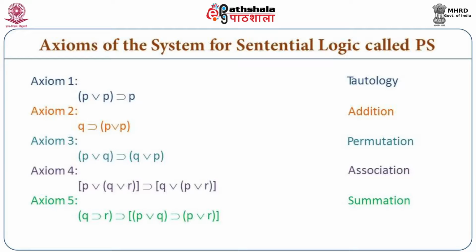Axiom number 4: P or Q or R together implies Q or P or R. This is called association. The 5th axiom: Q implies R together implies P or Q implies P or R, and this axiom has been named summation. How do we make sense of these axioms?